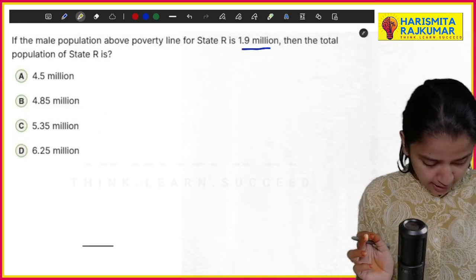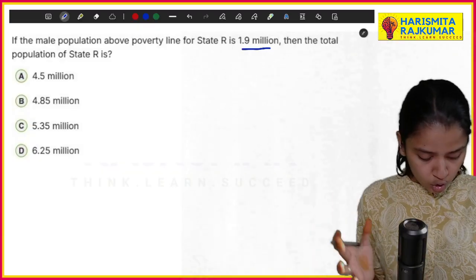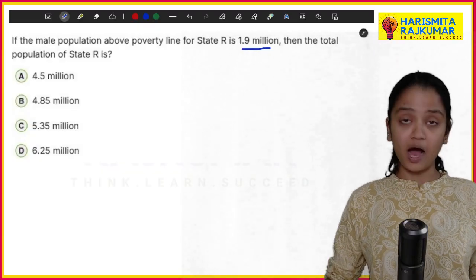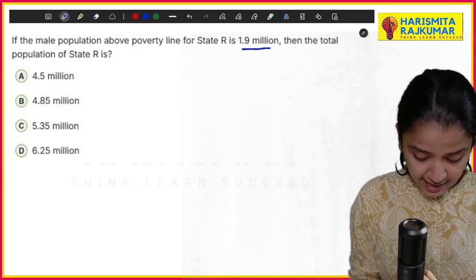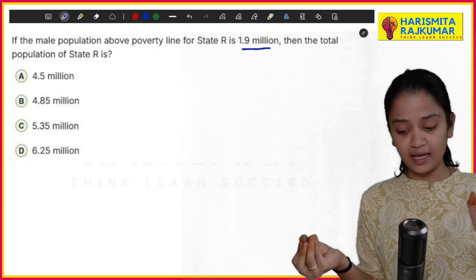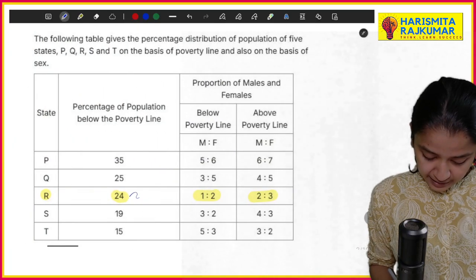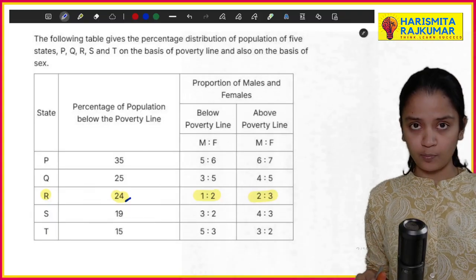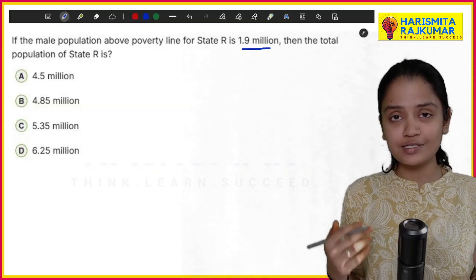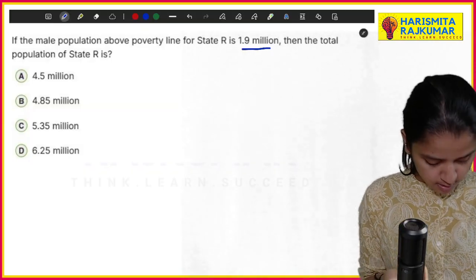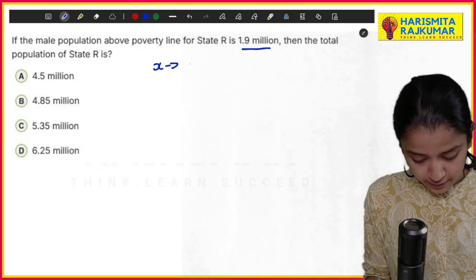Let us keep X as the total population of R. Since they gave us the male above the poverty line as 1.9, and 24% is below the poverty line, above the poverty line will be 100 minus 24, which is nothing but 76.